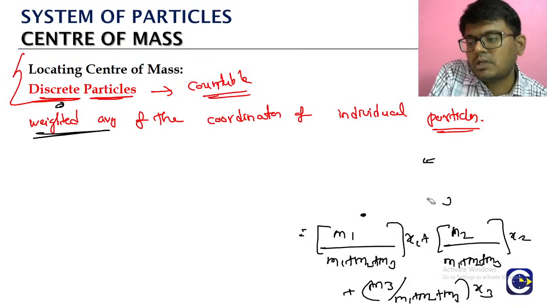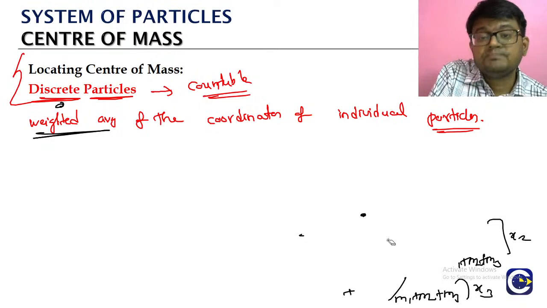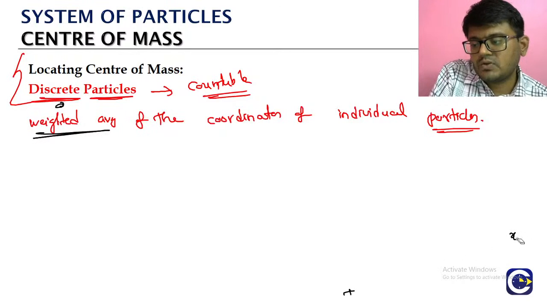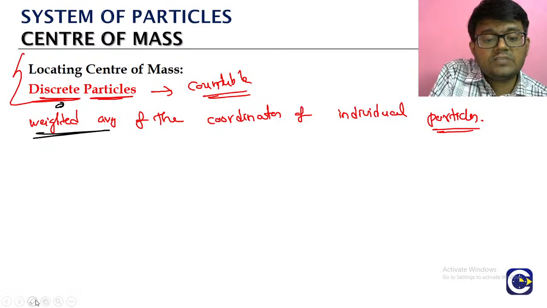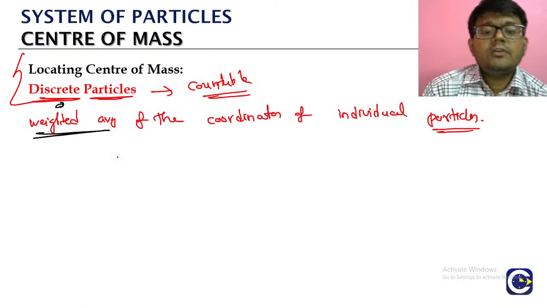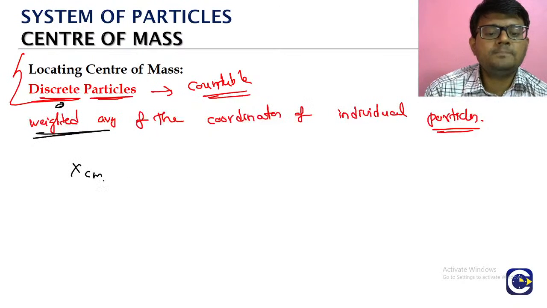So we are looking at a countable number. It may be 3 particles, 2 particles, 5 particles, anything countable. That is the way in which we will be able to find the center of mass location. Here you can write some general formula also. What will be the general formula?